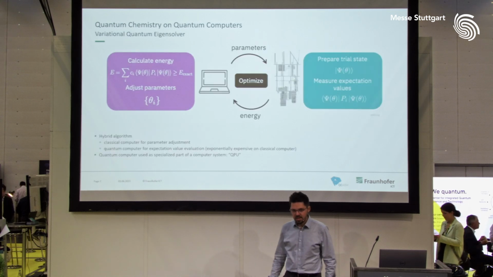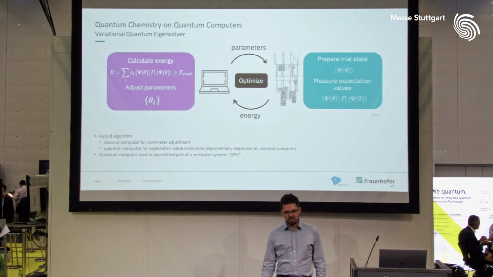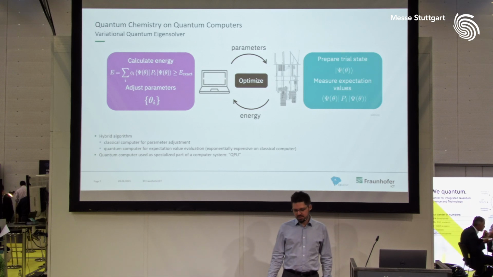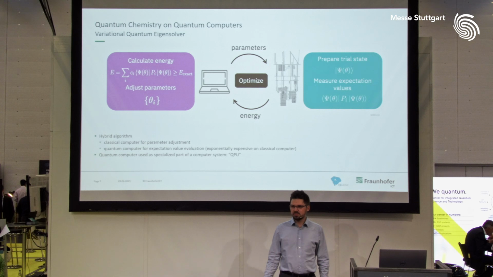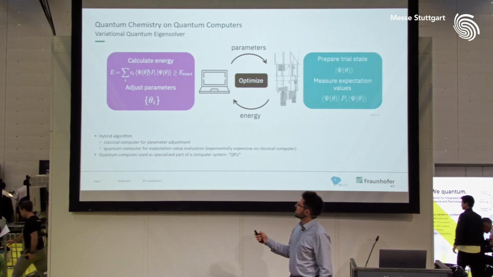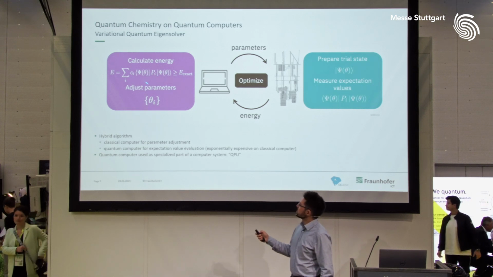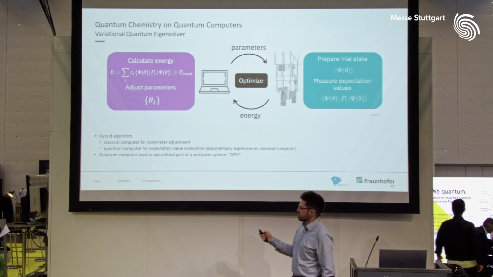For that, the typical approach is a variational one, so variational quantum eigensolver. Here you see again the Pauli strings, and this is the expectation value of them.